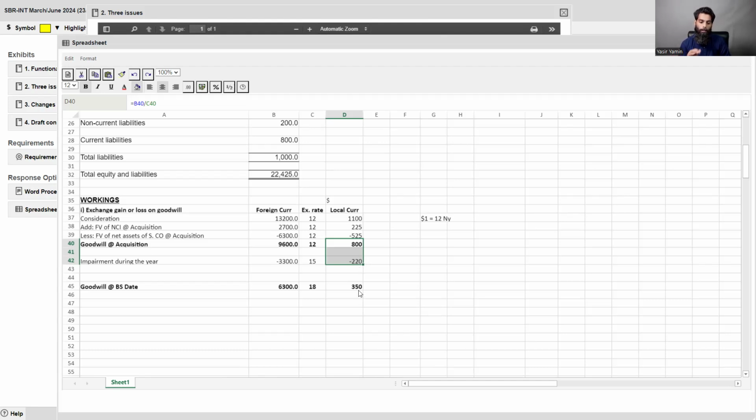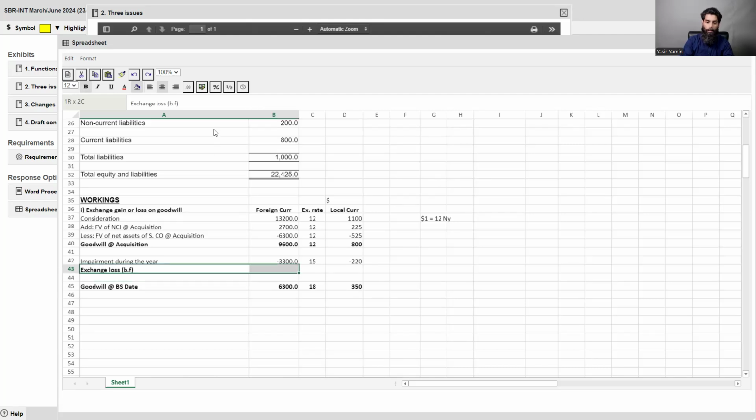But the answer that you have, goodwill at balance sheet date, is only 350. What is the difference between our answer and our working calculated? This is exchange loss, which is always calculated as a balancing figure.